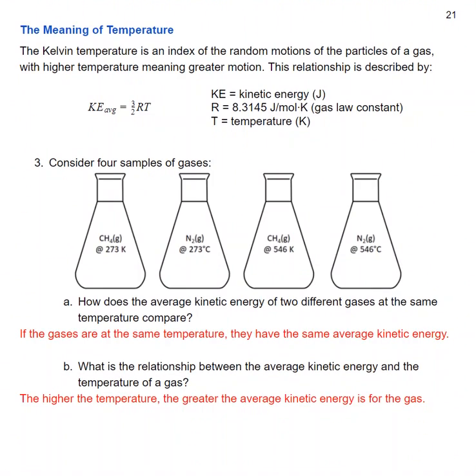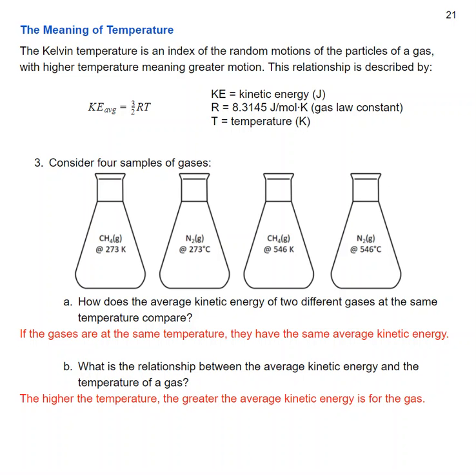So let's talk about temperature. So the Kelvin temperature of a collection of gas particles is proportional to its kinetic energy. So here we have an equation here. KE average is 3/2 RT. So looking at these 4 samples of gases, how does the average kinetic energy of 2 particles at the same temperature compare?